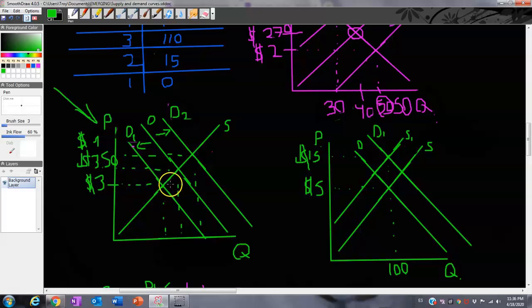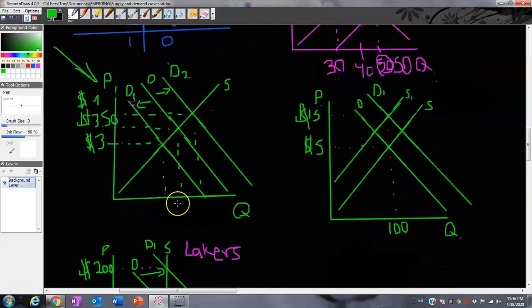The price is going to drop to $3 as those suppliers try to incentivize buying. And that means the quantity consumed, obviously, is going to go down because consumers are consuming less, right? So let's say 40 gallons here, and then consumers drop to 30 gallons of consumption. That's what's going to happen, right? This was equilibrium. Equilibrium was $3.50 a gallon at 40 gallons. Demand now drops, supply remains the same, so price and quantity drop.